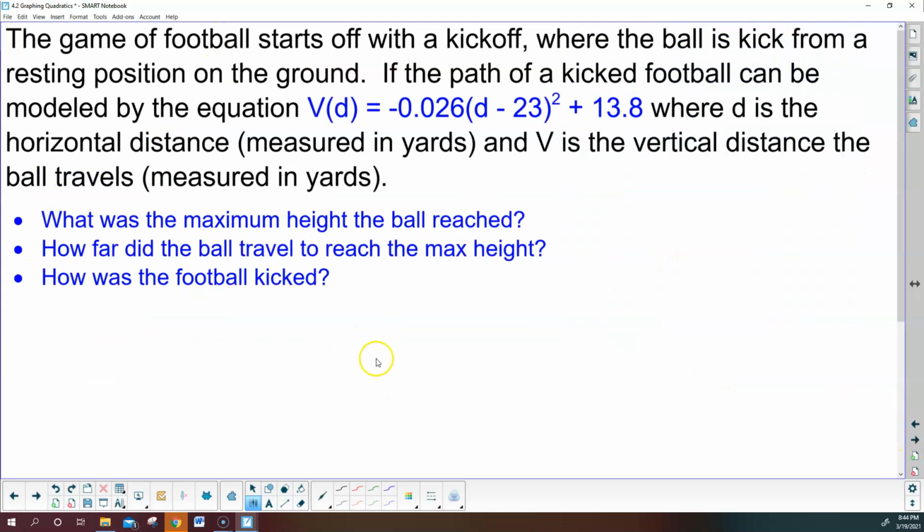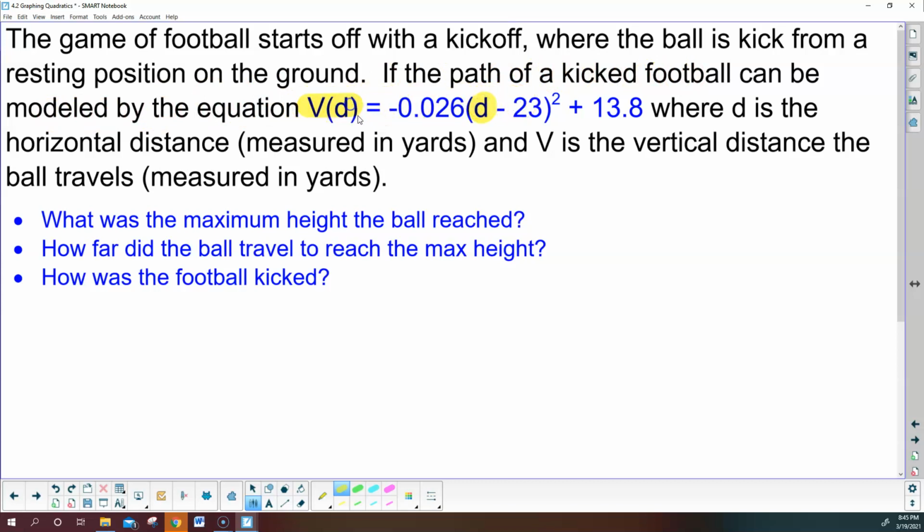All right, you don't have to write this one at all. I just want to quickly go through it together and show you what we have. So the game of football starts with a kickoff, where the ball is kicked from the ground or the resting position on the ground. If the path of the kicked football can be modeled by this equation, notice the format.